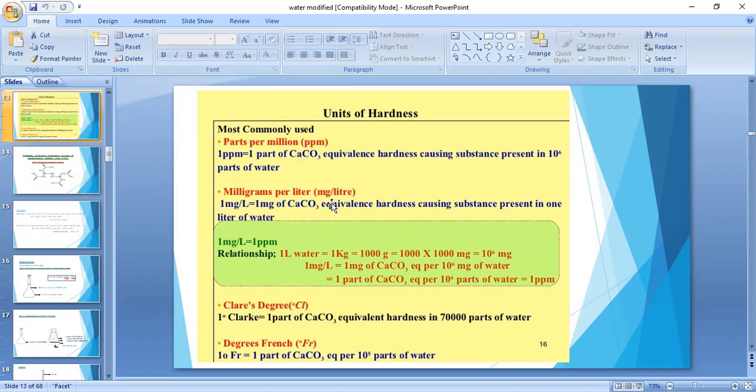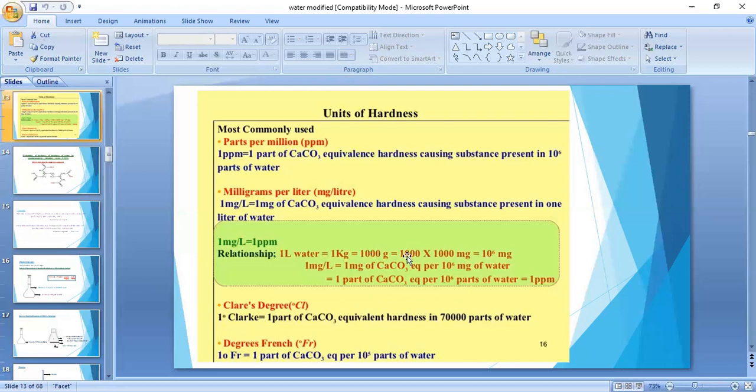When we talk about milligrams, the relationship is with 1 liter. 1 liter of water in weight is considered as 1 kilogram. 1 kilogram is 1000 grams, and when 1000 grams is converted into milligrams we multiply by 1000, so 1000 into 1000, finally giving 10 power 6 milligrams.